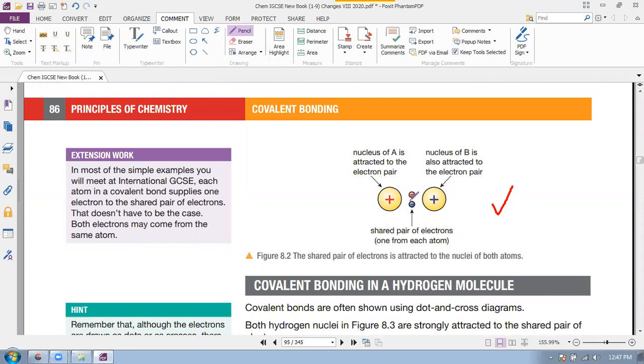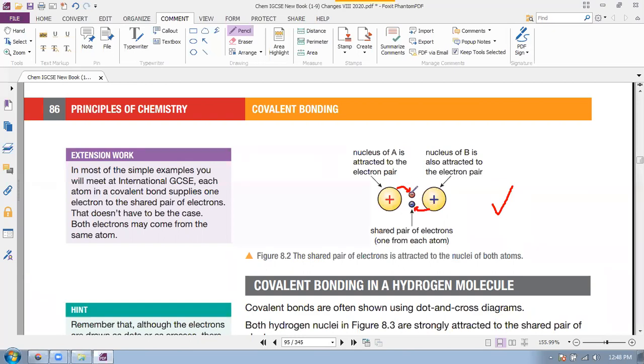So these electrons came from both atoms and they are sharing. Now this atom is thinking these twos are my electrons, and this atom is now thinking these twos are also my electrons. But actually these electrons came from this atom, and this electron came from this atom.